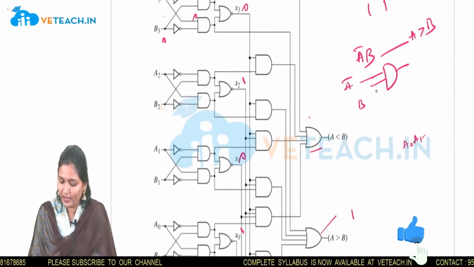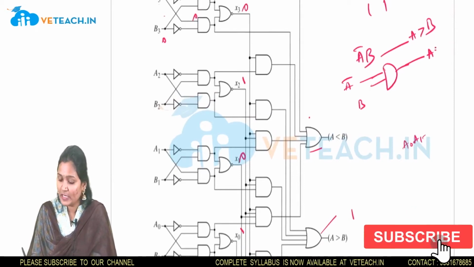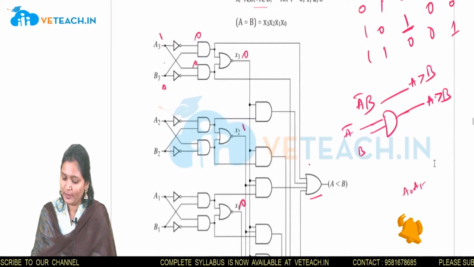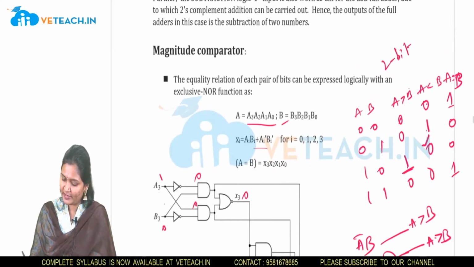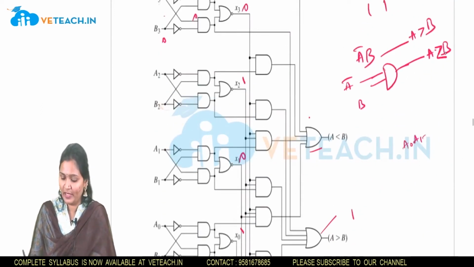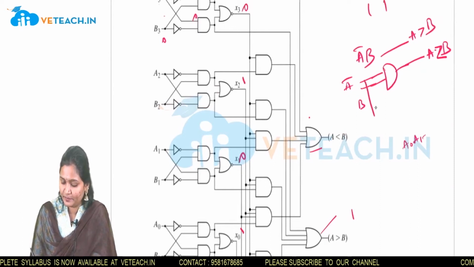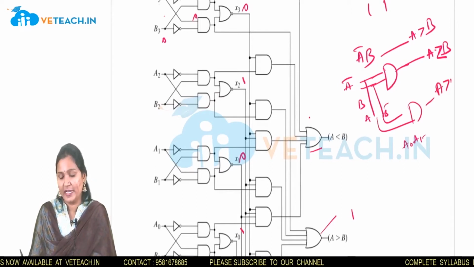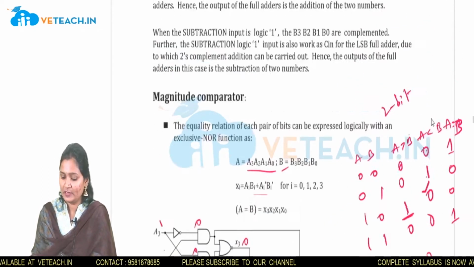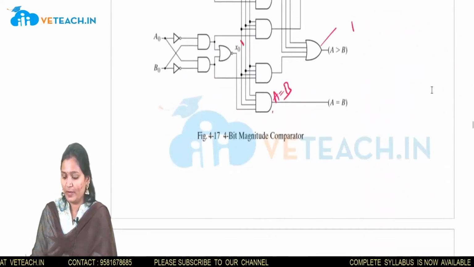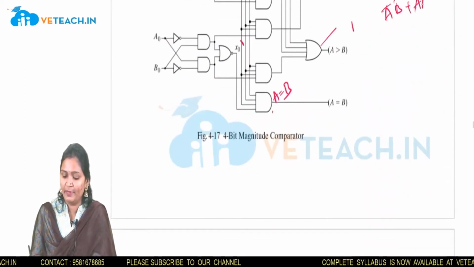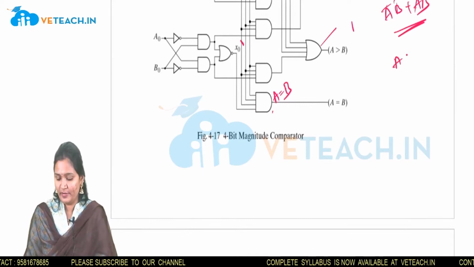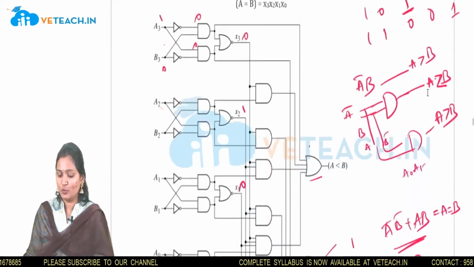In the next case, A less than B means A bar B. And A B bar gives A greater than B. When both are equal, it is A bar B bar plus AB, which is nothing but an XNOR gate. So this is a 2-bit comparator.